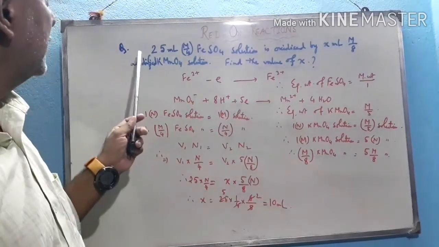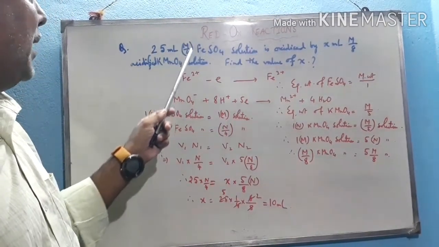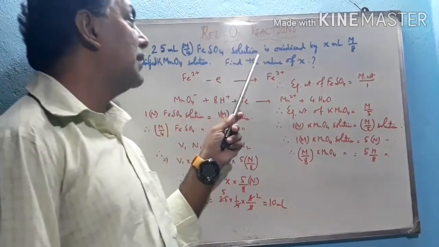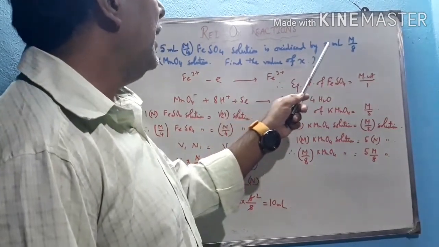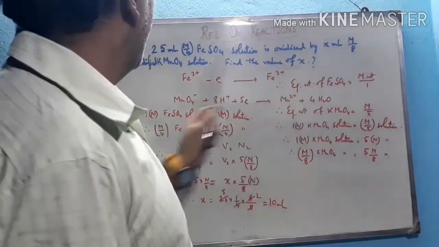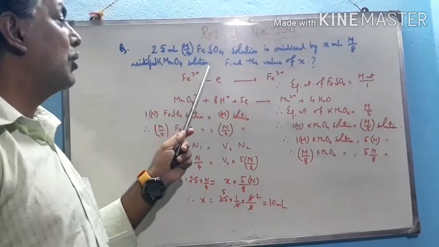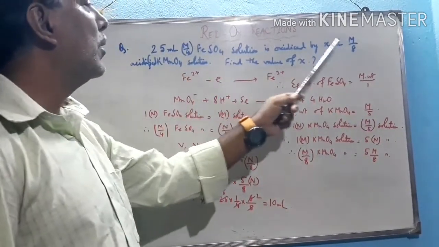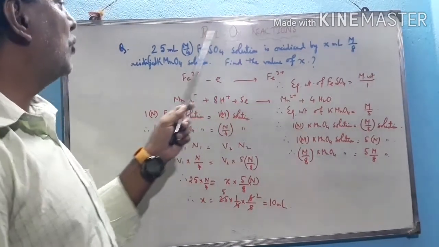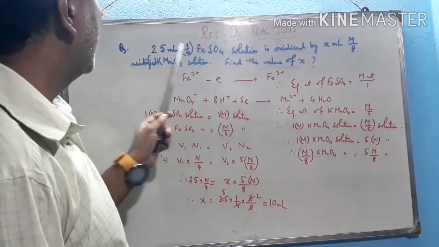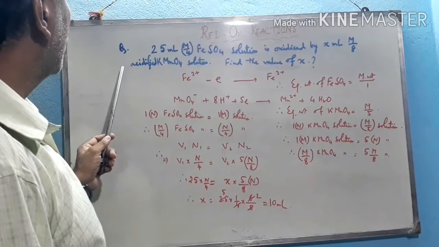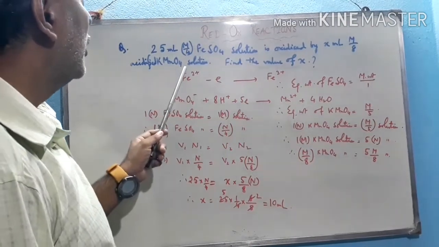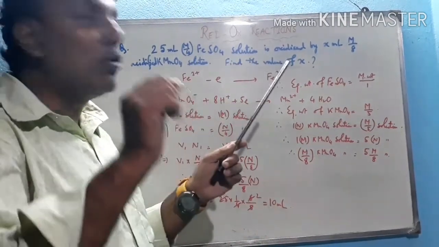See this question: 25 ml of M/4 FeSO4 solution is oxidized by X ml of M/8 acidified KMnO4 solution. Find the value of X. These two combine in a redox reaction. Ferrous sulfate is oxidized by acidified KMnO4, so we have to use the normality concept here.